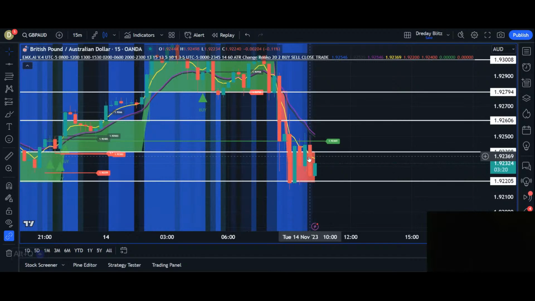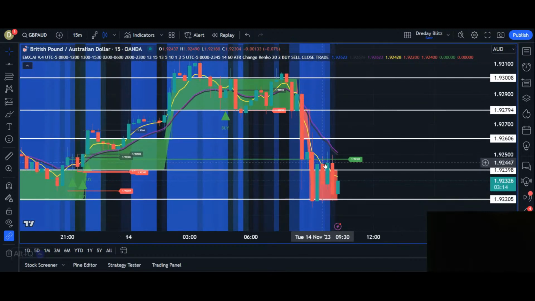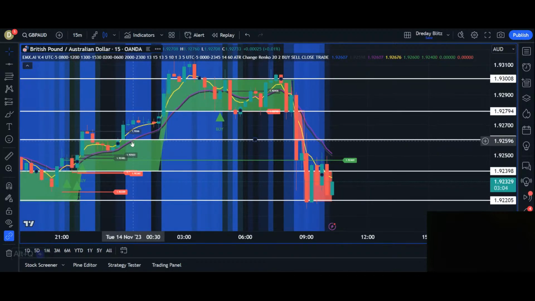So if you were in a sell, let's say you have a sell signal right here, your stop loss should be at that price. Okay, because the zone is from here to here. The previous zone that was created was from here to here.